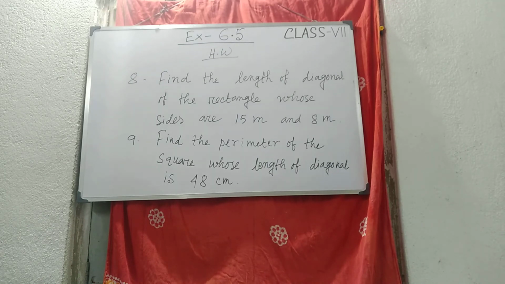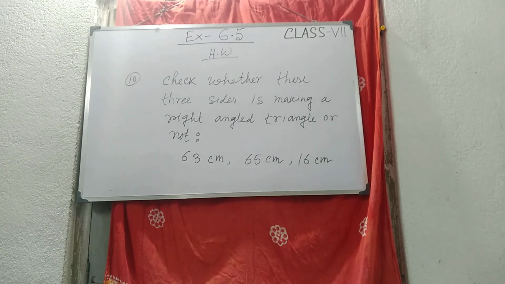And your ninth homework. Find the perimeter of the square whose length of diagonal is 48 centimeter. Now your last homework. Check whether these three sides make a right angle triangle or not: 63 centimeter, 65 centimeter and 16 centimeter.